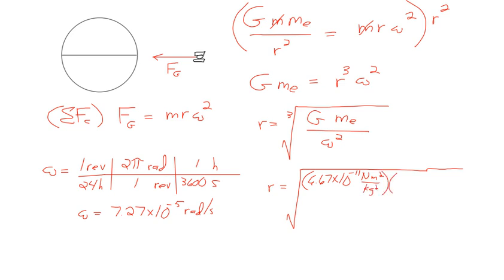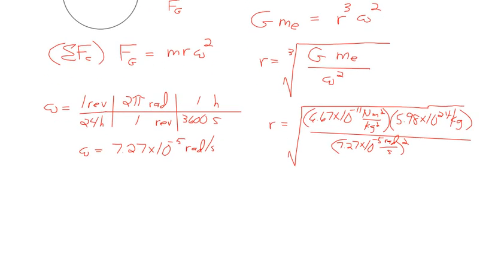We're going to put the mass of the Earth, 5.98 times 10 to the 24th kilograms. And we're going to put the angular velocity as 7.27 times 10 to the negative 5 radians per second. And that's going to get you your answer for that.